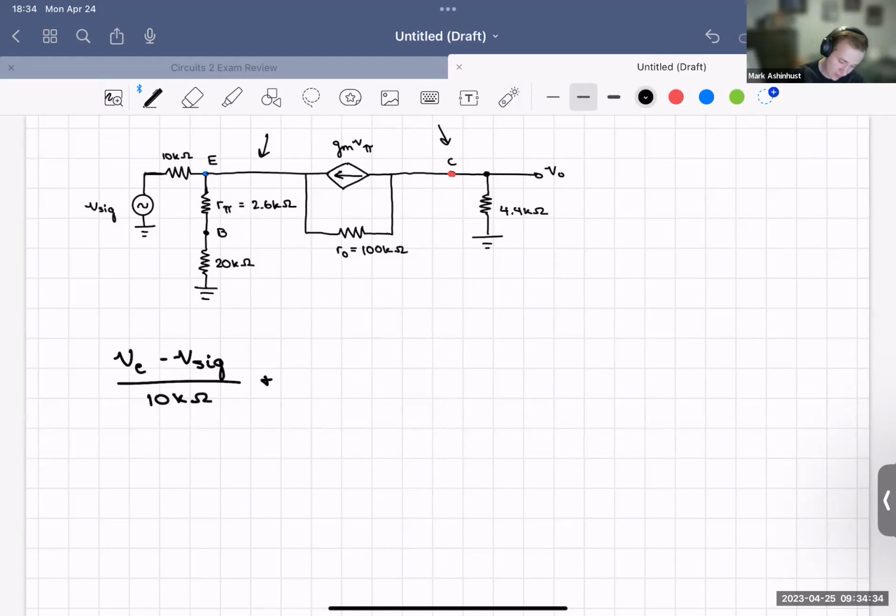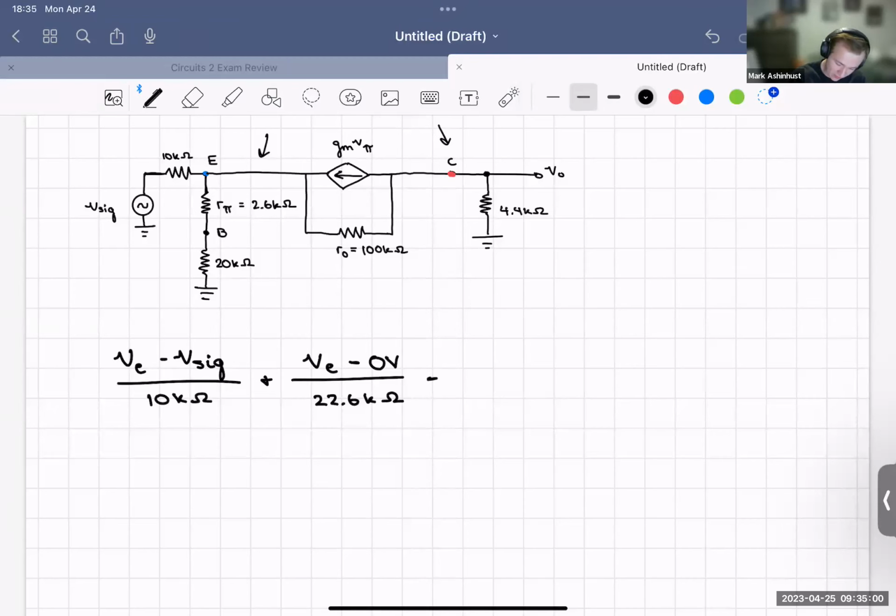Plus, then we have E going down over r pi and then over the 20K down to ground. So we'll have VE minus 0 volts. You don't have to write the 0 volts, but minus 0 volts over 2.6K and 20K. It's series, so they'll just add together. So we'll get 22.6 kilo ohms.